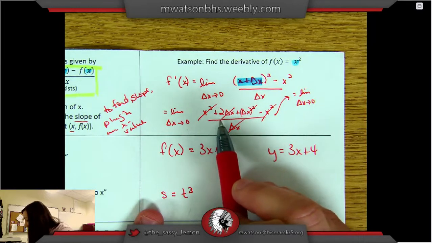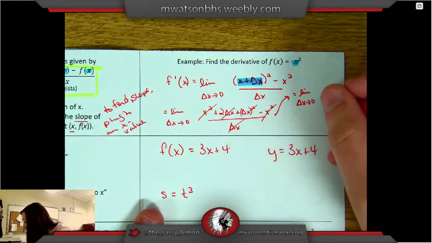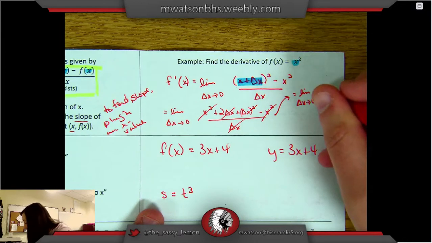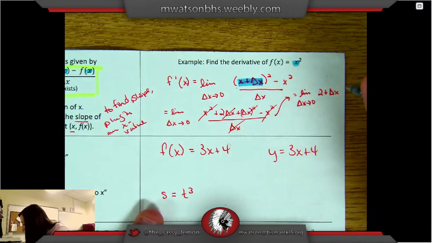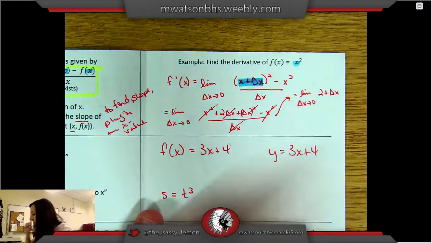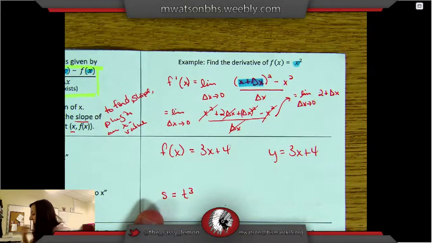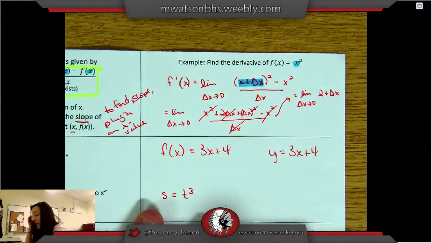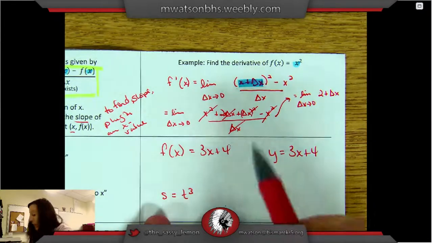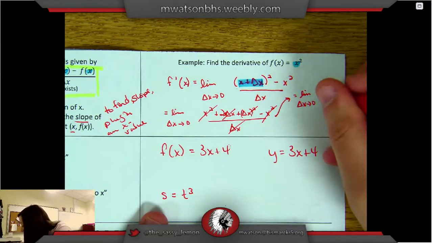Looks like I have 2 plus delta x. Oh, okay, I know what's wrong. Whenever I double distributed, I should have got 2x delta x for that middle term, since it's 2x right here.